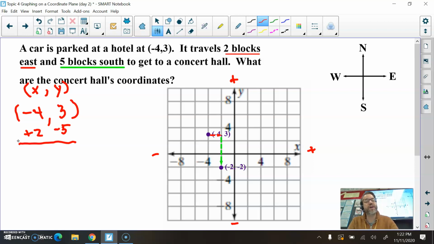But some of you might already know, if you take -4 and add 2, you're going to be at -2. And if you take 3 and subtract 5, you're going to end up in the negatives at -2. And -2, -2 just happens to be the location here of the concert hall after you make the moves. So you can show the moves like this, or you can just show yourself moving along the grid lines.